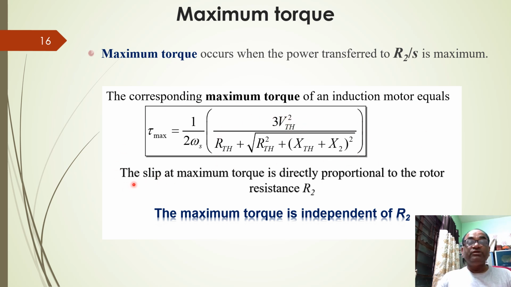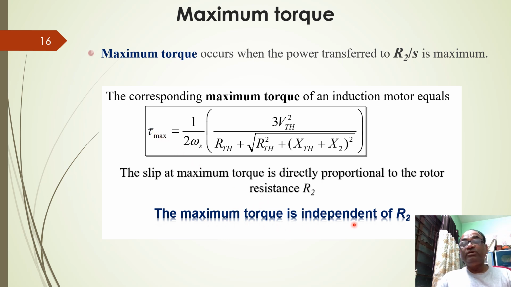Okay, the slip at the maximum torque is directly proportional to the rotor resistance. So as you increase R2, your slip at maximum torque increases. So basically by increasing R2, you increase the starting torque. But it does not affect the tau max.